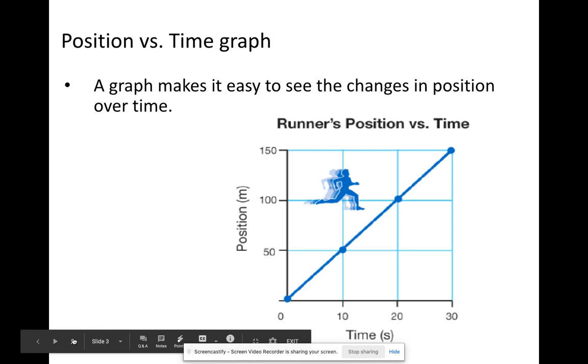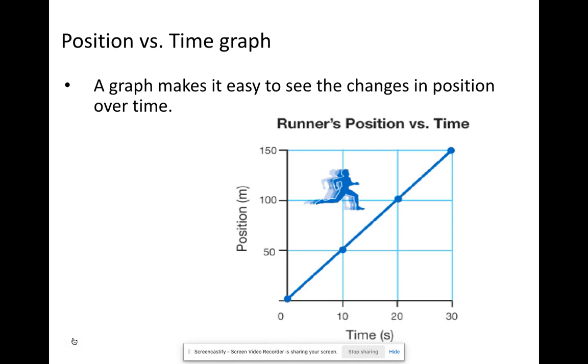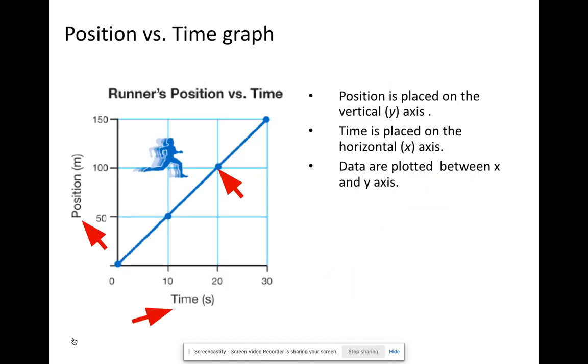And so when we place this data into a graph, we will notice that we can get a slope, and that slope will give us the velocity. The slope on a position time graph will actually give us the velocity.